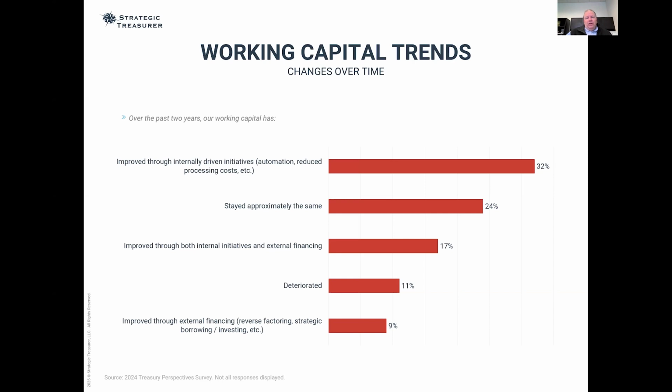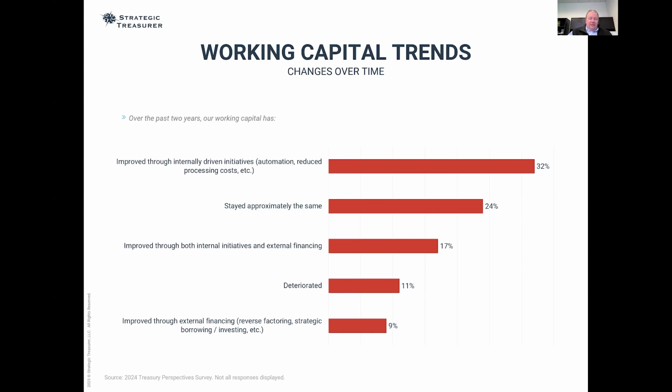So one out of four didn't have any change in that 2-year period. Then we're back on the improvement cycle with improved through both internal initiatives and external financing. So certain things you might do internally to improve parts of the cash conversion cycle and how working capital is used, or getting a third party to provide support.